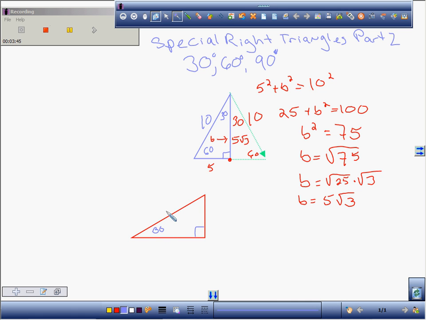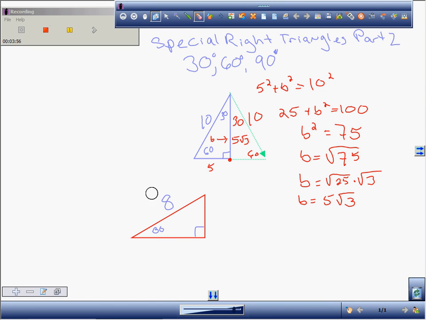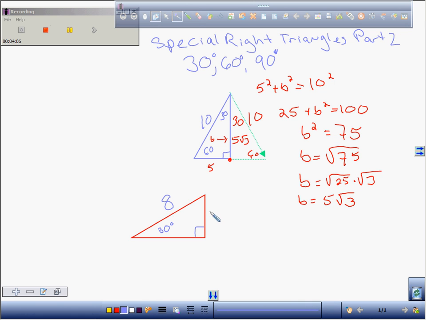So here's my 30, and all they give you is, say this is 8, okay? And that this is 30 degrees over here. All right? What do you think this side would have to be? 4. That side would have to be 4.